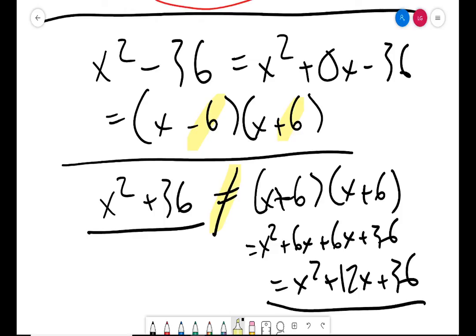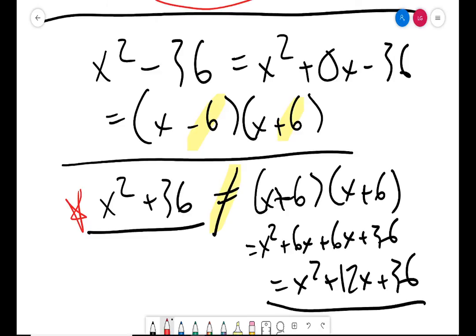And for the record, this has no whole number factoring. In fact, it has no factoring at all because there are no times that it is 0. There is an idea that you may have come across of imaginary numbers.